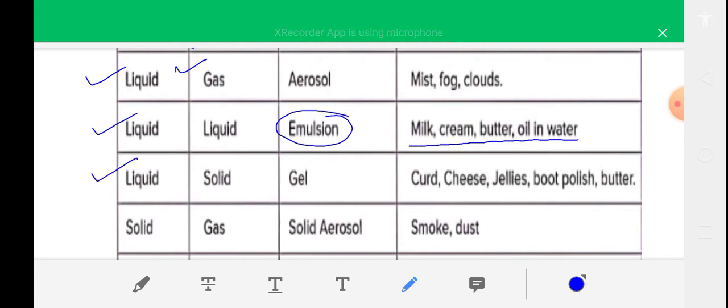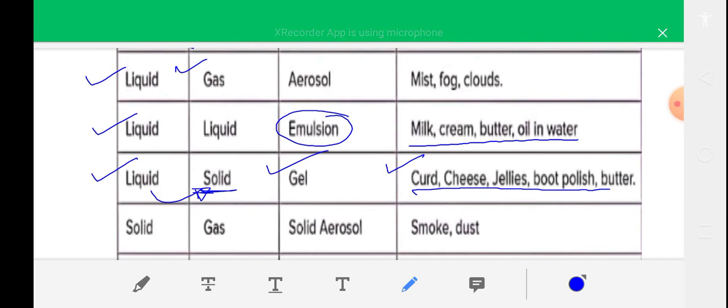Next, liquid in solid, that is, the dispersed phase is liquid but the dispersion medium is solid. Such colloids are known as gel. Gel means liquid in solid. Examples of gel: curd, cheese, jellies, boot polish, butter.